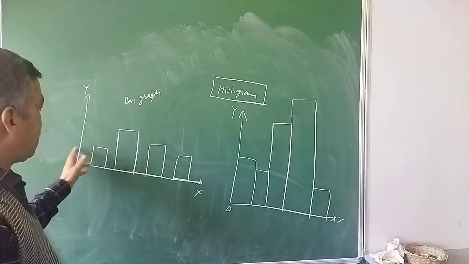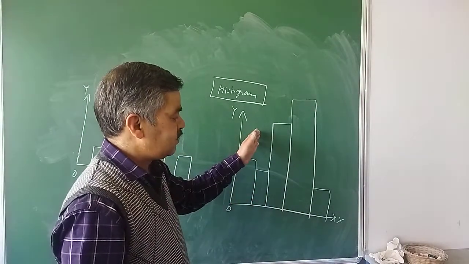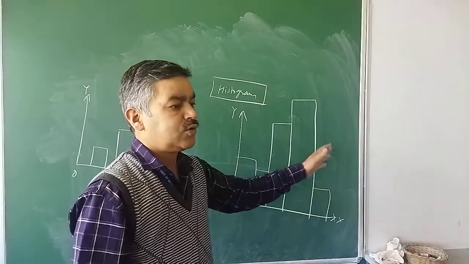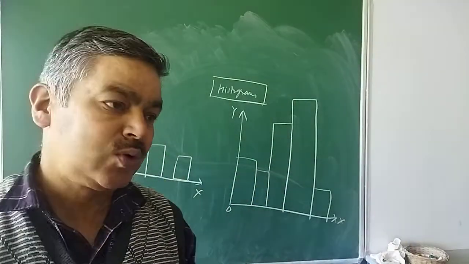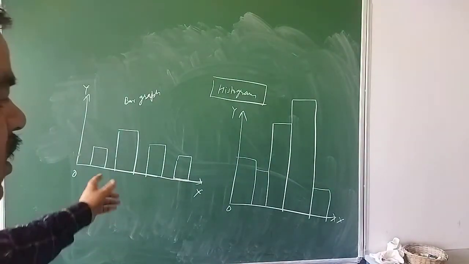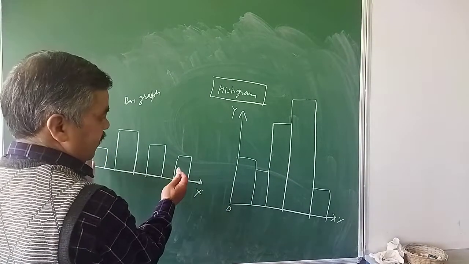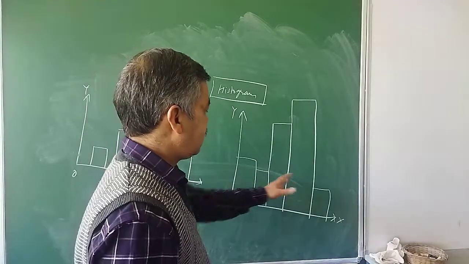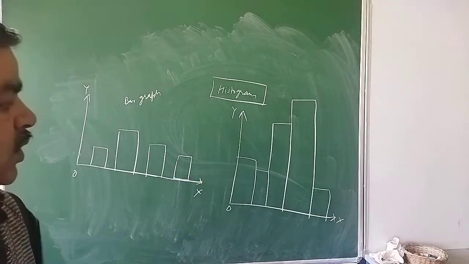You can start by putting a gap, but once you have started with the first bar, the second, third, and fourth will all be joined together. No gap will be there between those bars. That's why we say a histogram is a modification of the bar graph, and bars taken together with no gap between them is called a histogram.